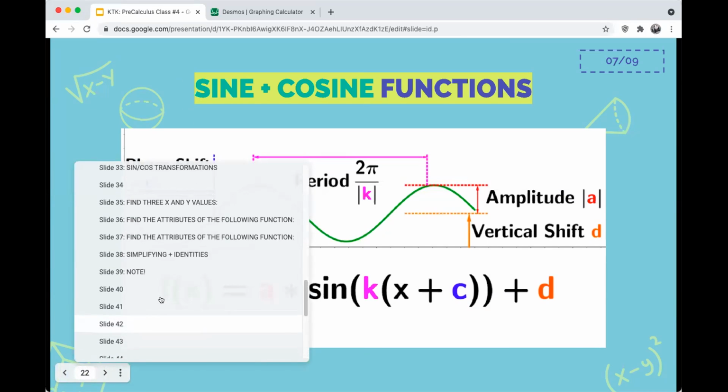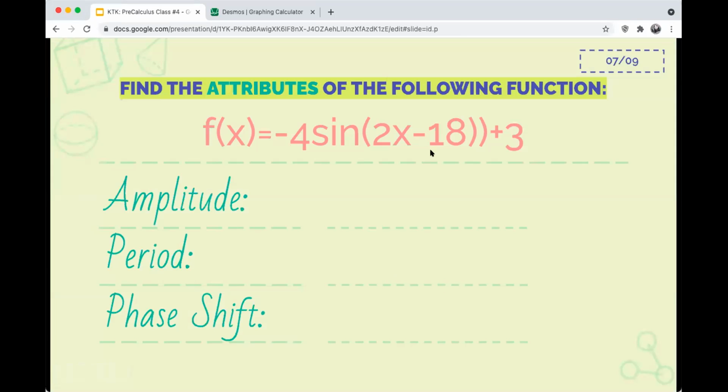So let's go back to that. Got 30 seconds left. Ten seconds.